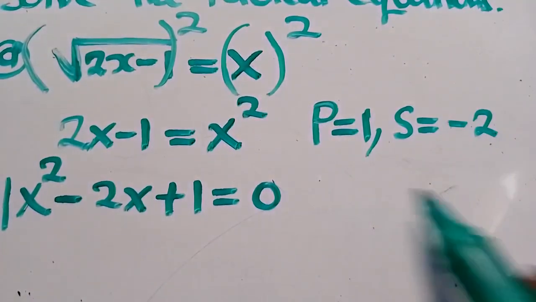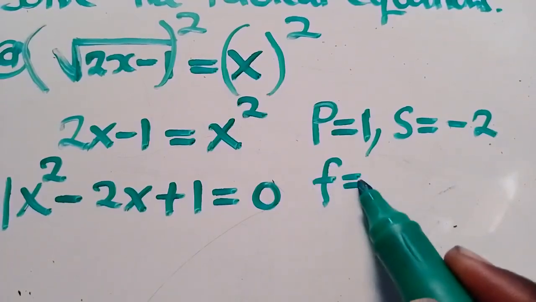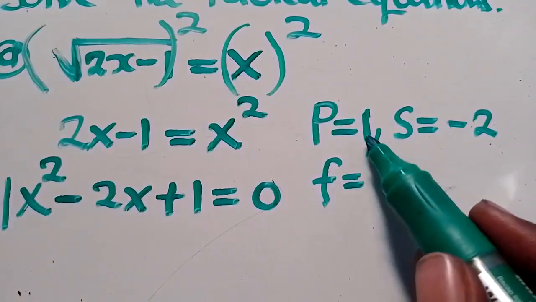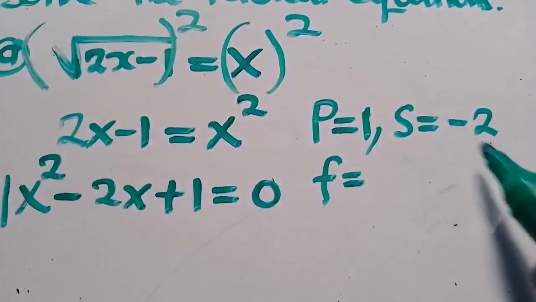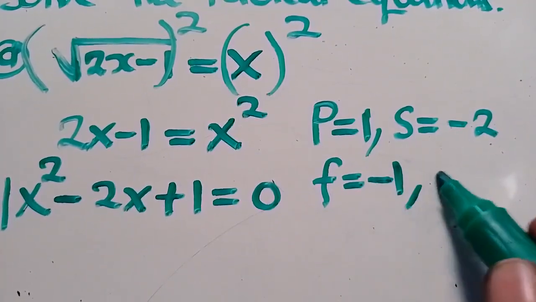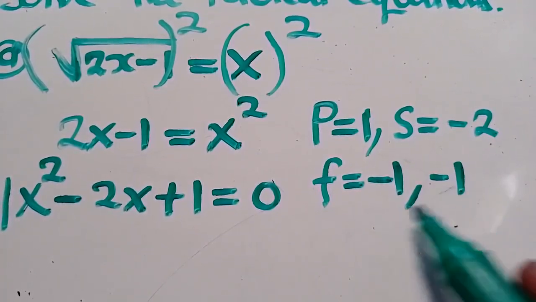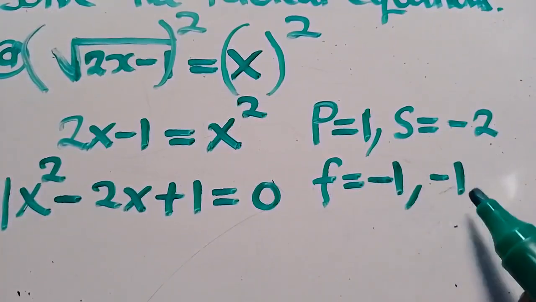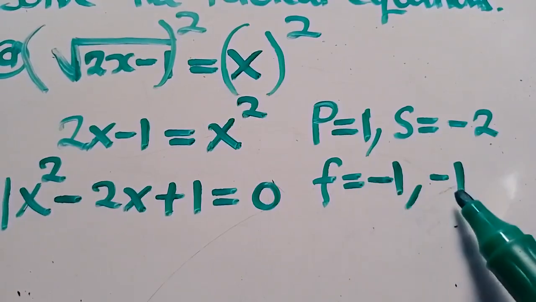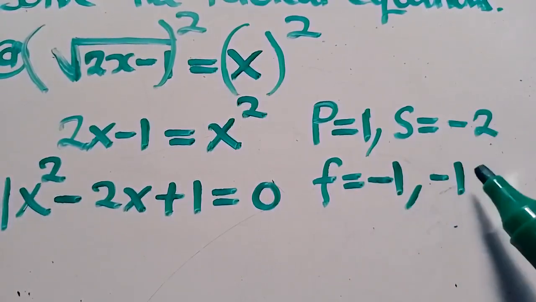Put -2 there. What are your factors? Factors means two numbers that you can multiply to get 1, and if you add those same numbers, you get -2. So those are -1 and -1. If you multiply -1 times -1, you get +1. If you add -1 plus -1, you get -2.